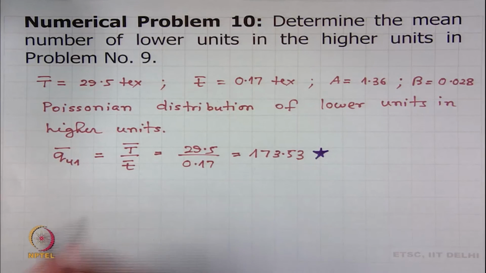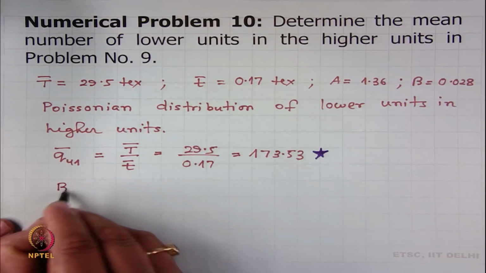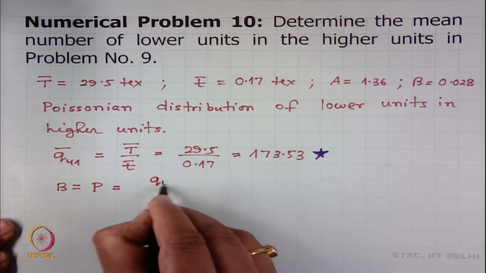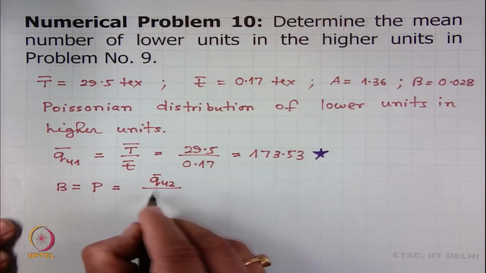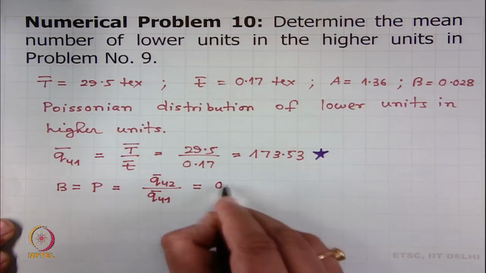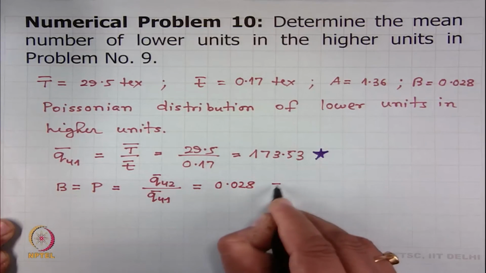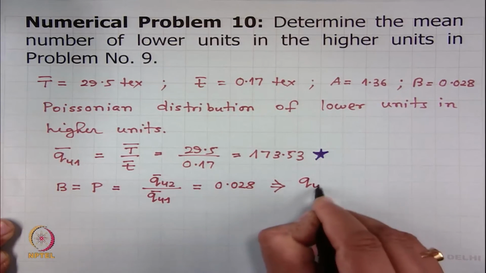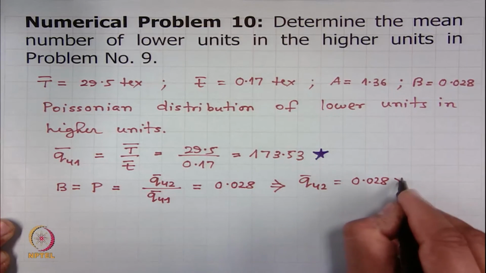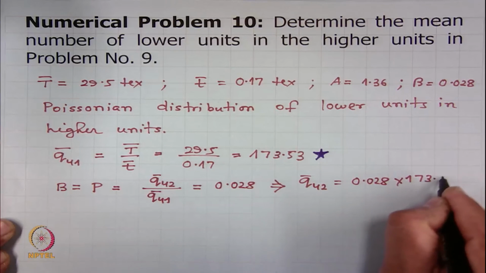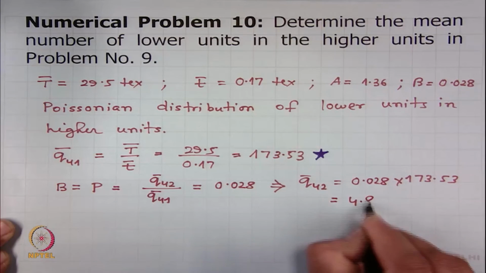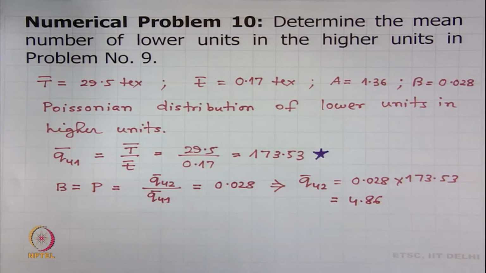Second, as it is Poisson distribution, then we remember this becomes equal to this. So, q for 1 and this value is equal to 0.028. So, this leads to the value of 0.028 into 173.53, which is equal to 4.86. We get the second reading.